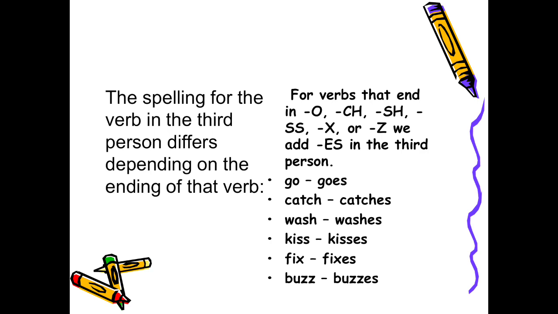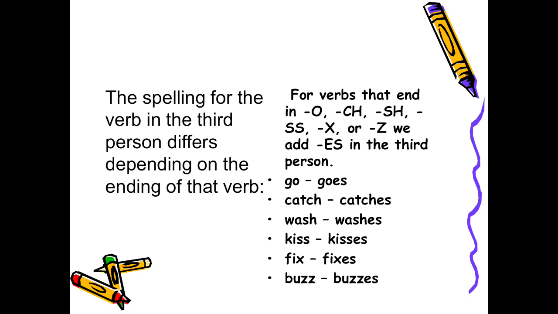For verbs that end in o, ch, sh, ss, x or z, I repeat, verbs that end in o, ch, sh, ss, x or z, we will be adding es in the third person. We will be adding es along with the verb when you are talking with the third person. That is when you are using he or she.